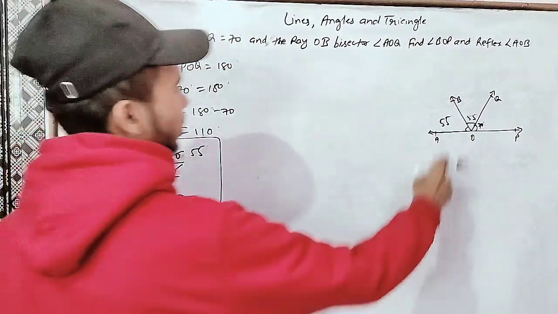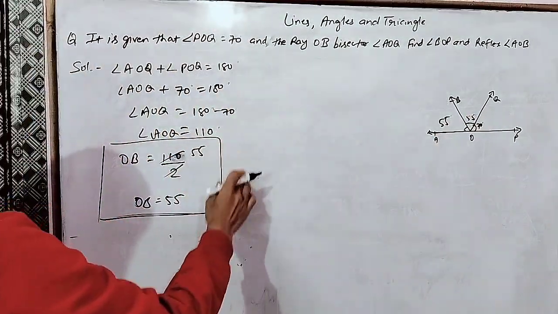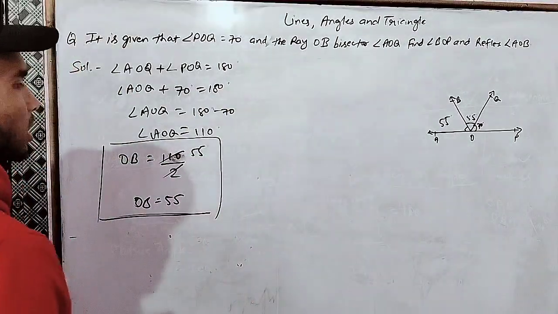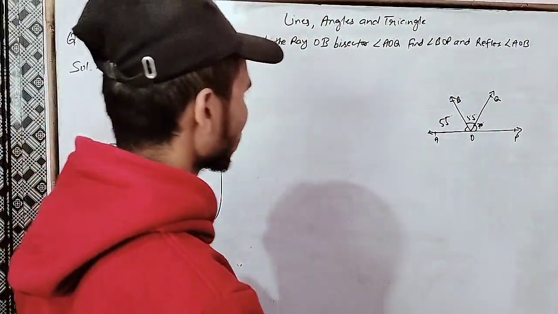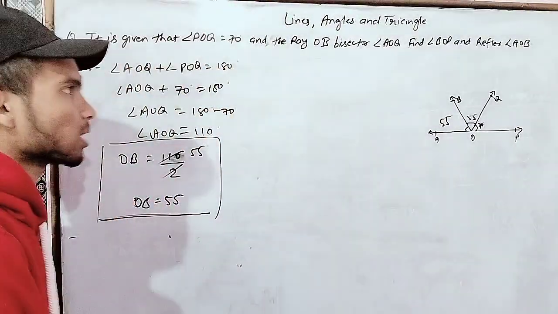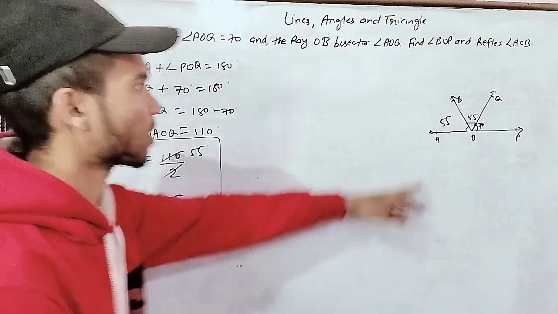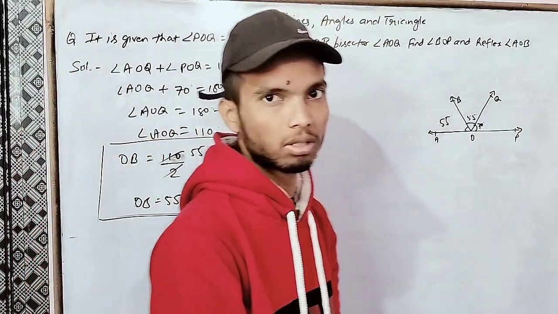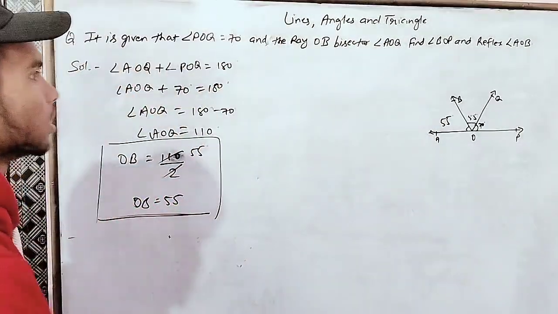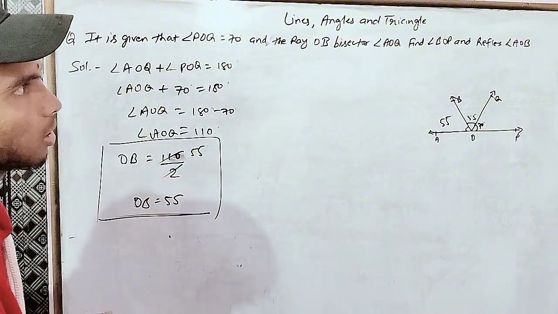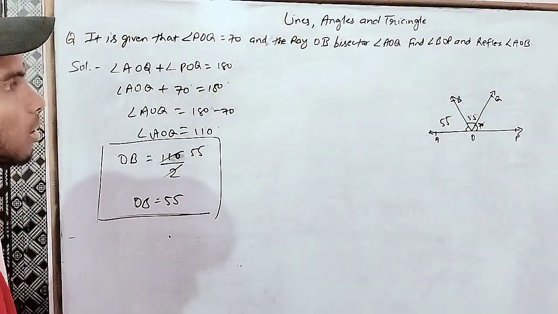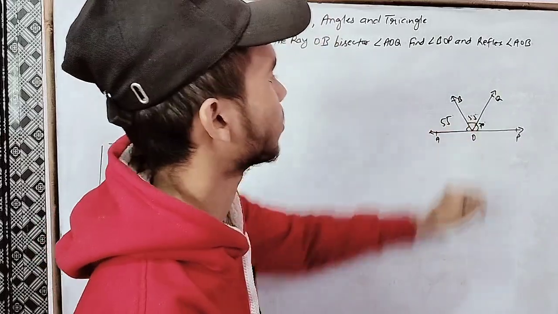Already we have a total value which is 110 degrees. Now the question is not saying to find out the value of this. If a question says to find out the value of the bisector, then of course we try to find it. Now we have already found the value of OB. The value of this is 55, 55.